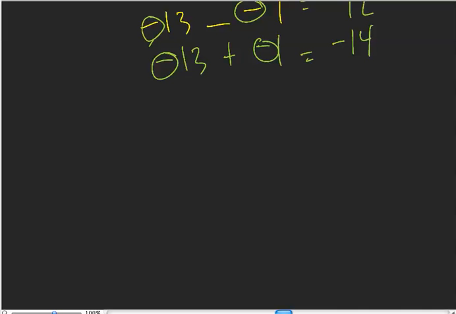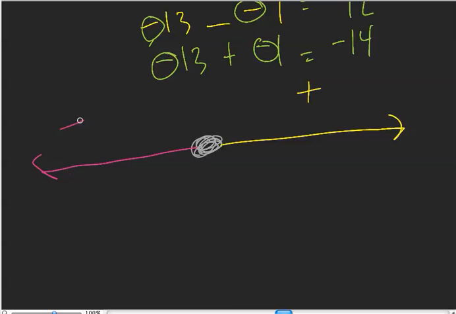I'll put my black hole, and I will draw the positive number line like you're used to seeing over here, and in magenta I'll draw the negative number line like you're used to seeing over here. Just draw a couple slashes on there and a couple slashes on here.